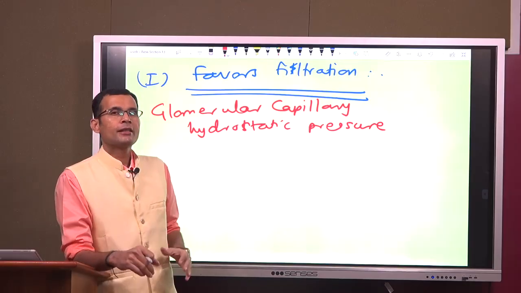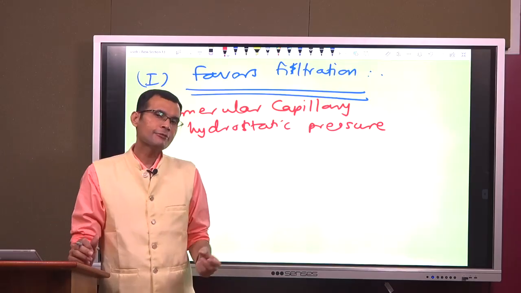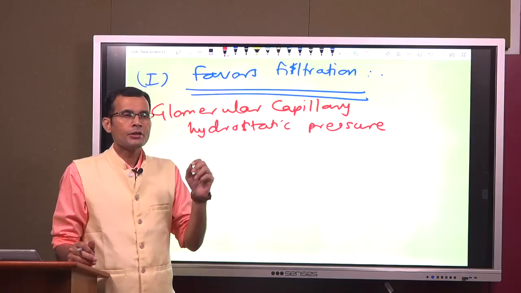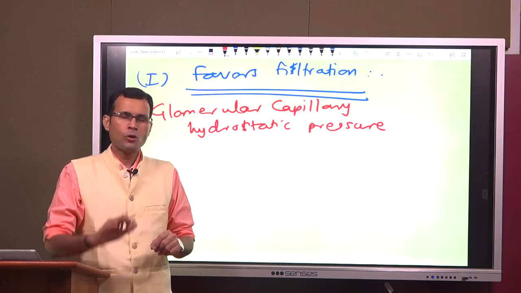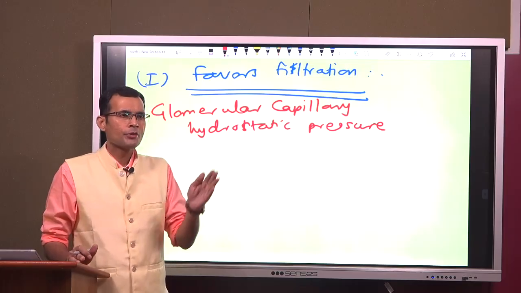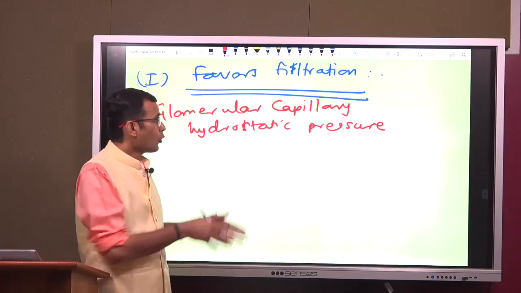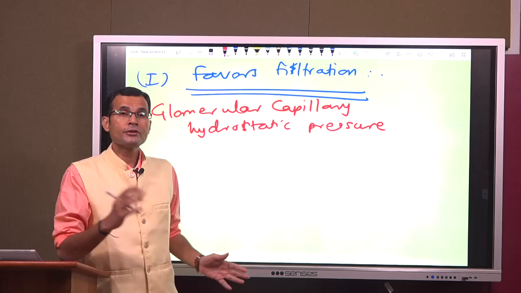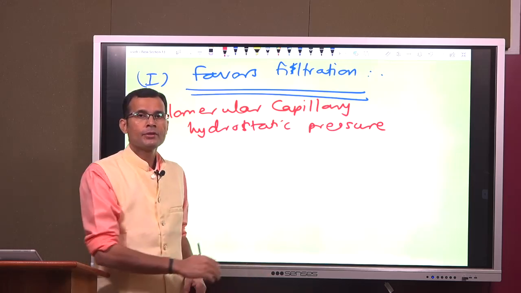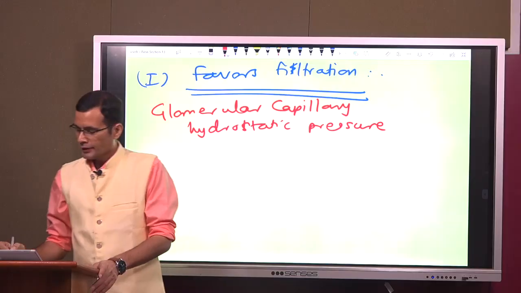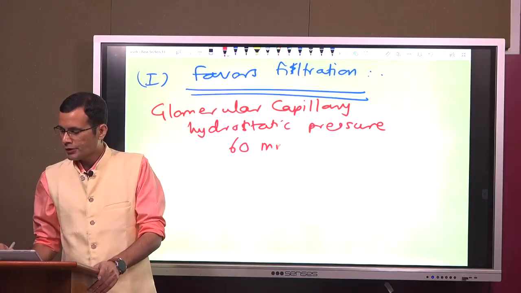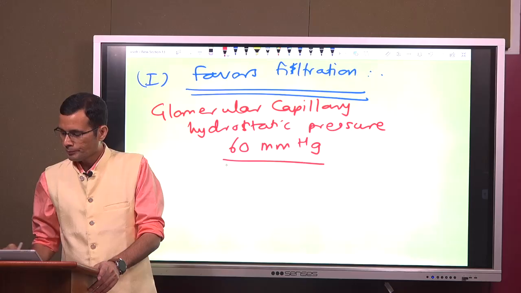We saw in that chapter that elsewhere in the body, the capillary hydrostatic pressure in all other tissues is about 15 to 20 mm of Hg. In the glomerular capillaries, it is 3 to 4 times that. So it will be 60 mm of Hg.